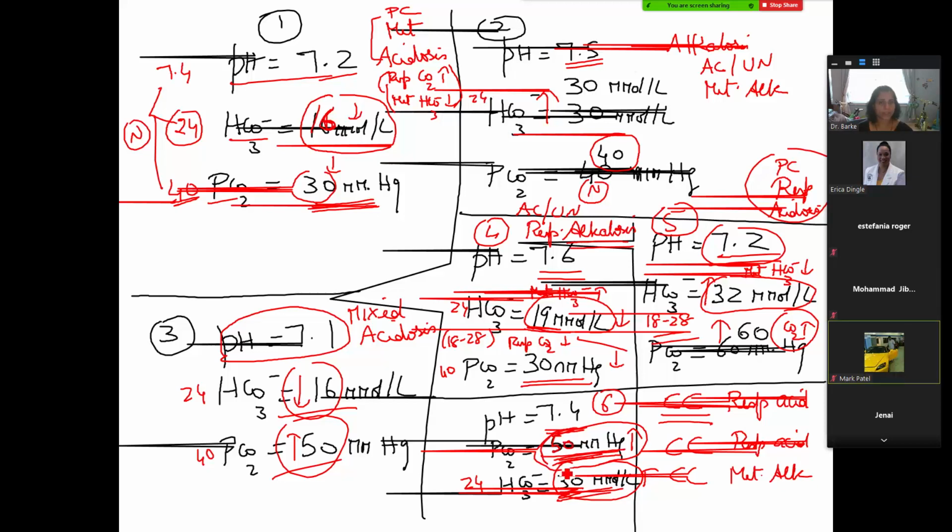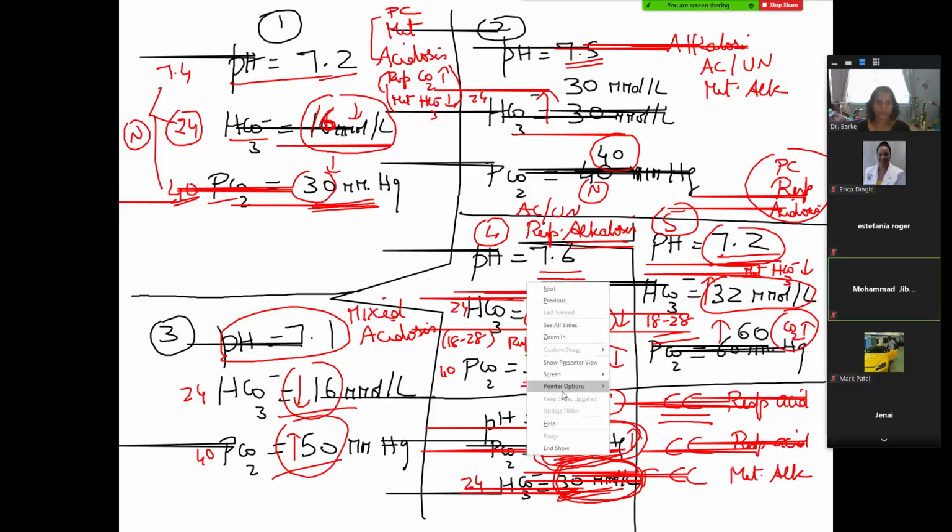So it is completely compensated respiratory acidosis or completely compensated metabolic alkalosis. And why are you saying it's completely compensated? Because pH has come back to 7.4. Does that make sense? Yes. Okay. Sorry, it looks very shabby, but hopefully you could understand what I'm writing.